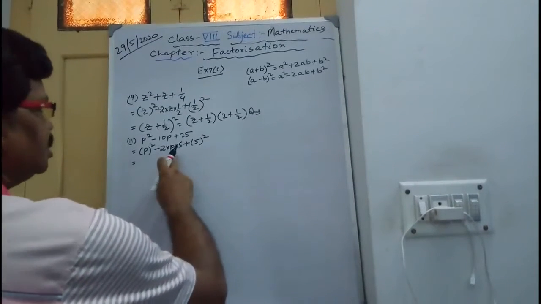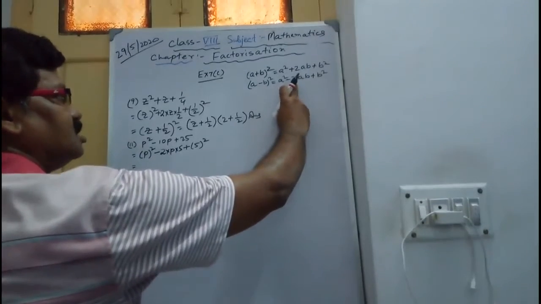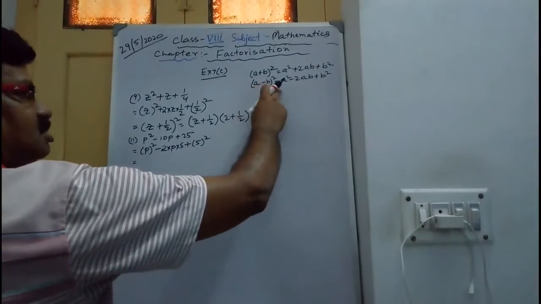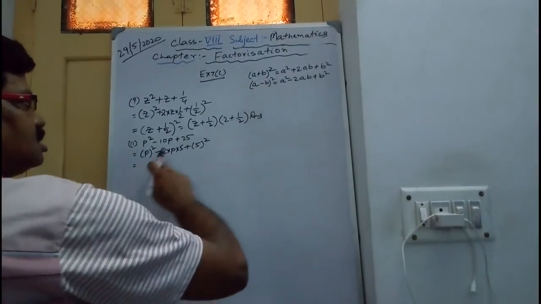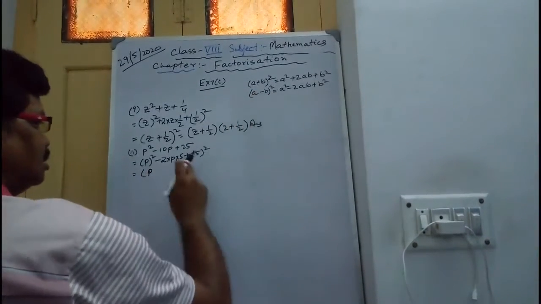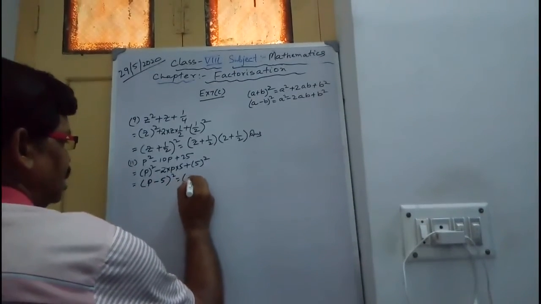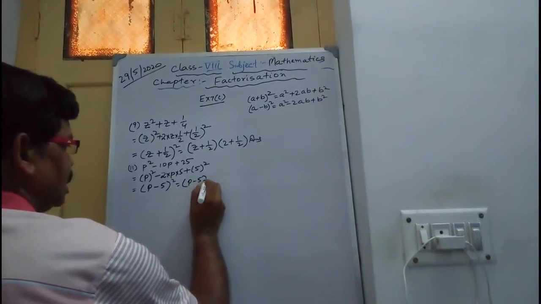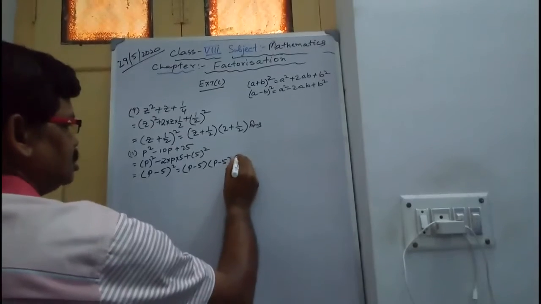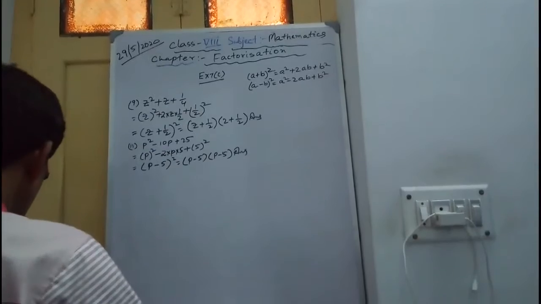Now this one matches the right hand side of that identity, a square minus 2ab plus b square. So this one is equal to (a minus b) whole square. In this question, in place of a, p, in place of b, 5. So (p minus 5) whole square. So write lowest power of it, p minus 5 and p minus 5. So these two are the factors of this expression.